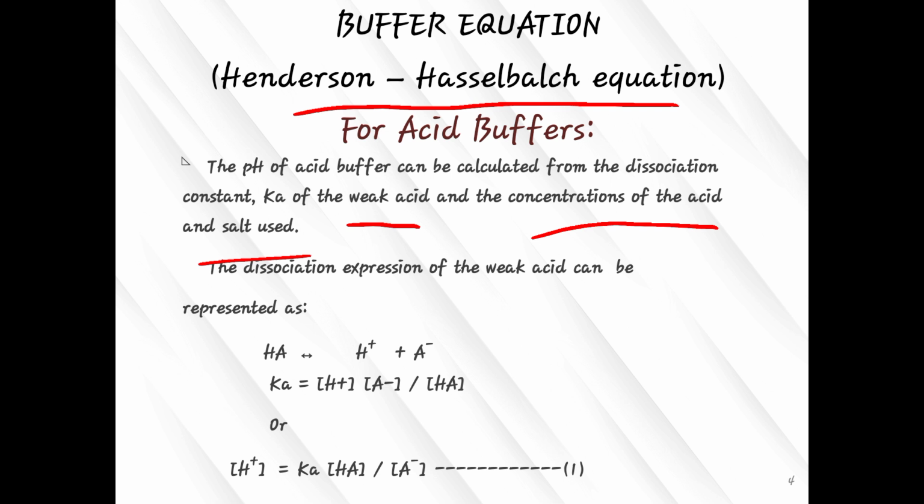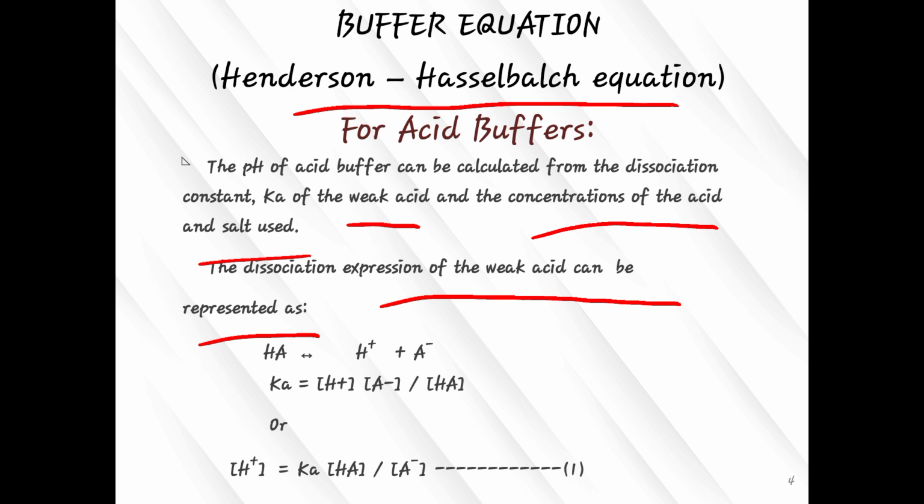The dissociation expression of a weak acid can be represented as HA. HA is the acid. It dissociates into H plus and A minus.